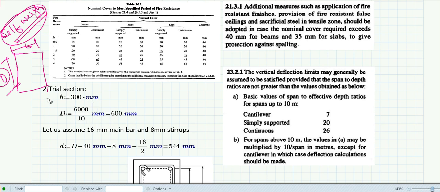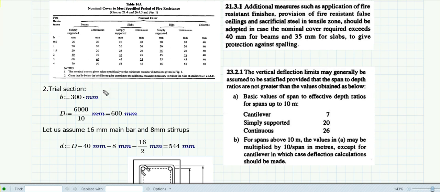Because here we are designing, the section properties are not given to you. It is up to you how you are going to find out what dimension will be required for this particular load condition or exposure condition, considering all those conditions. So first of all, we are going to assume the section.